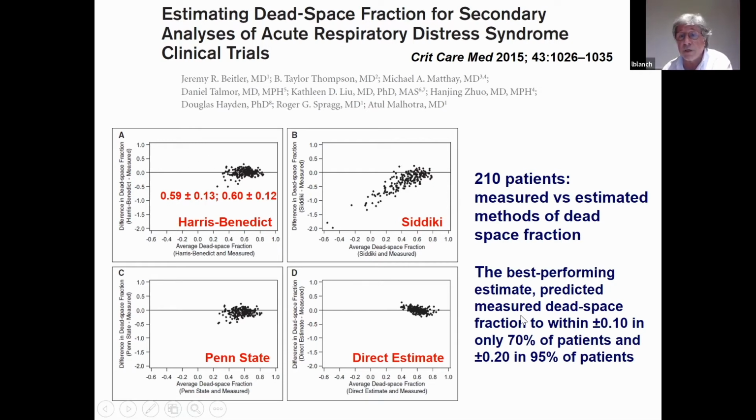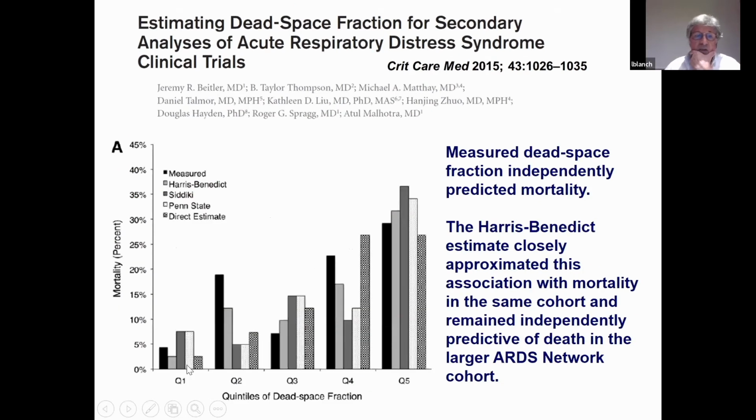So the best performing estimate predicted measured dead space fraction within plus or minus 0.10 in only 7 out of 10 patients, and within 0.2 in 95% of the patients. Let's say that, okay, it can work, but still the best at the bedside is the measurement. And this is in the quintiles of the measurement in black, and all 4 estimates, to predict mortality.